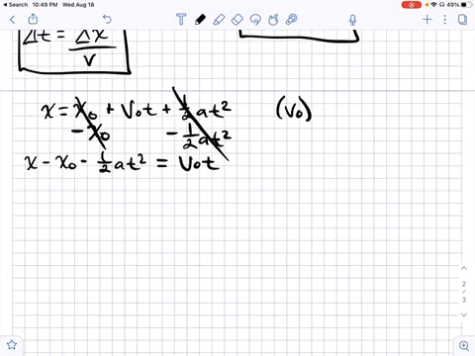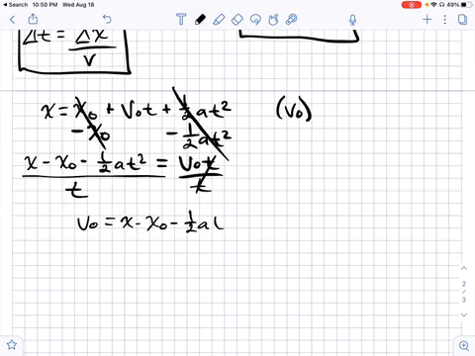Now all we have is multiplying taking place on the right side, so we're going to do the opposite, divide. All of this would be over t, and cancel that out. So v naught is going to equal x minus x naught minus 1/2 at squared all over t.